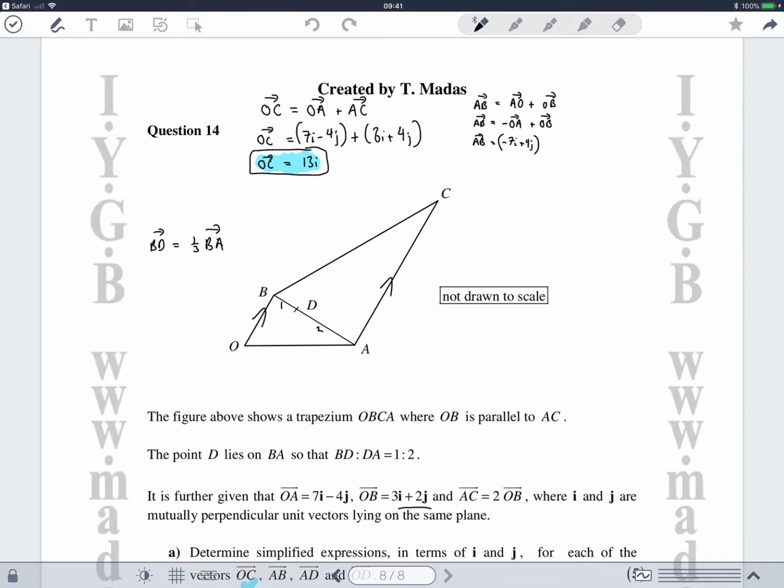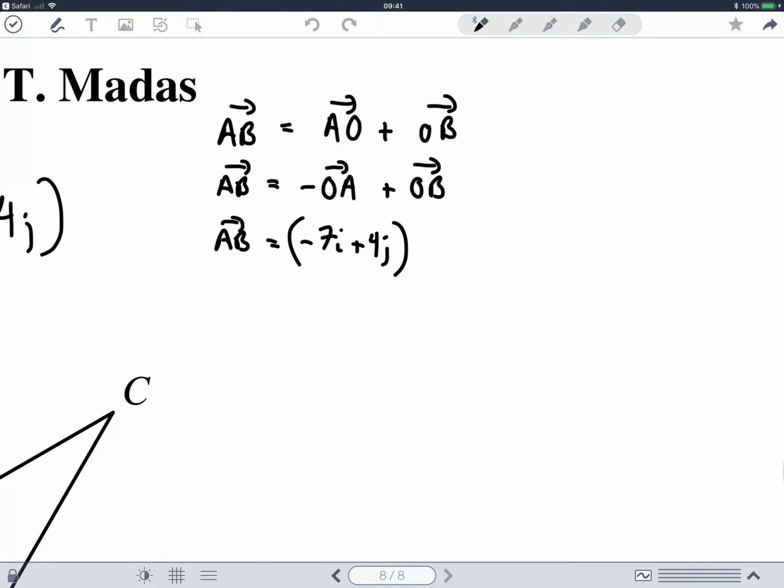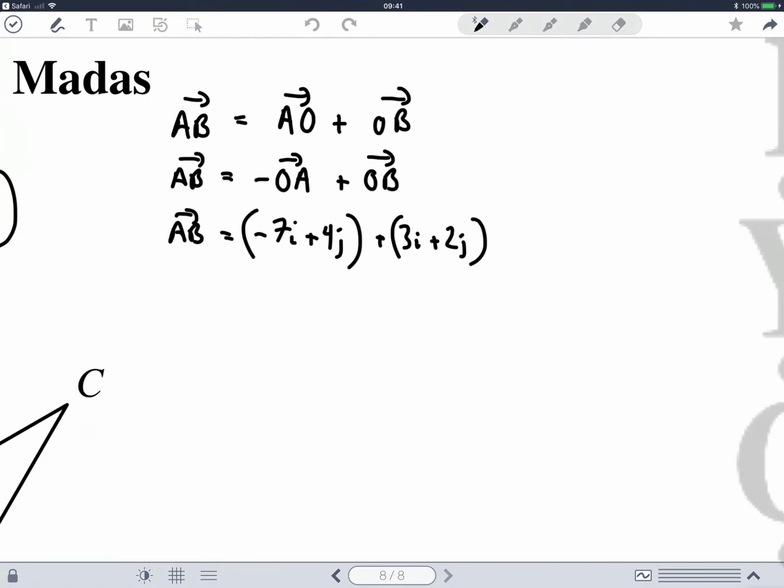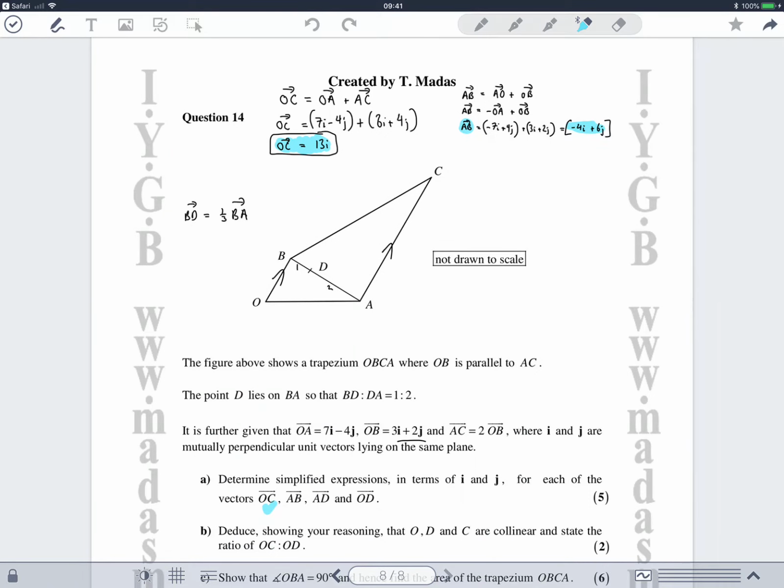And OB is 3i plus 2j, so plus 3i plus 2j. So add all this stuff together. Minus 7i plus 3i is going to be minus 4i, and 4j plus 2j is going to be 6j. So that's AB. So that one's done.